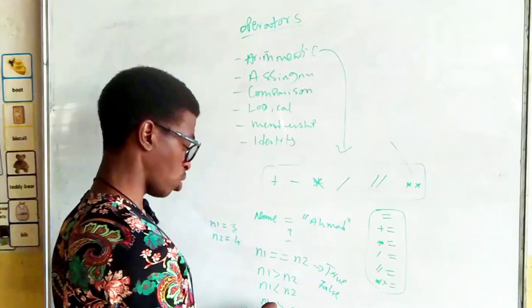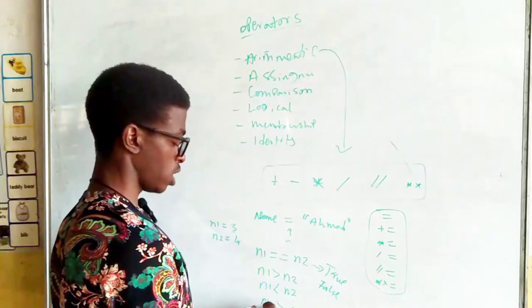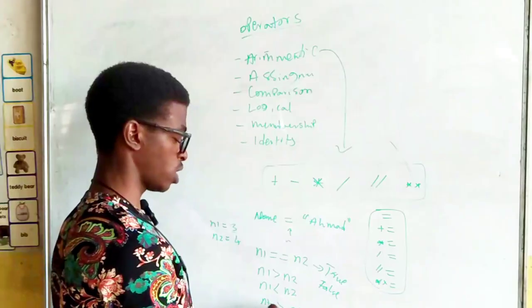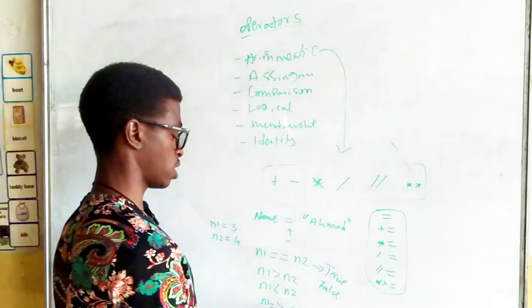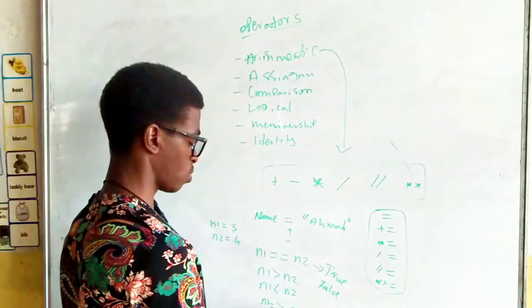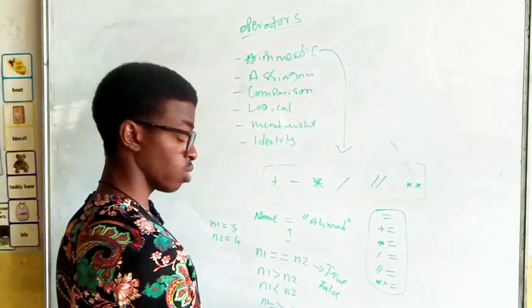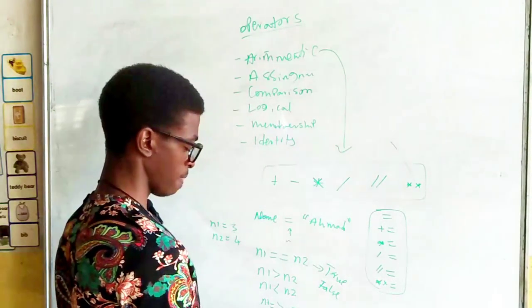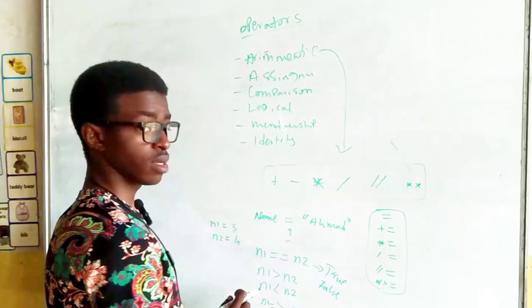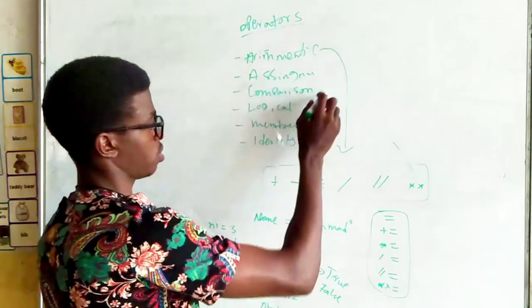If they are equal, it's going to be true. If it is greater than, it's going to be true. But if they are not equal and it's not greater than, then the answer is going to be false. Then I have the other way around, which is equal or less than. So these are the comparison operators we have.